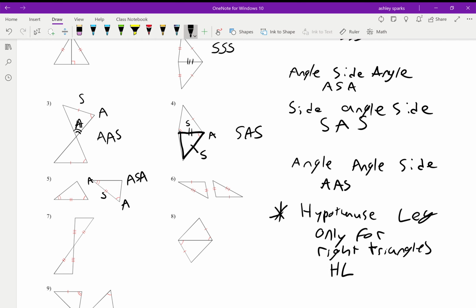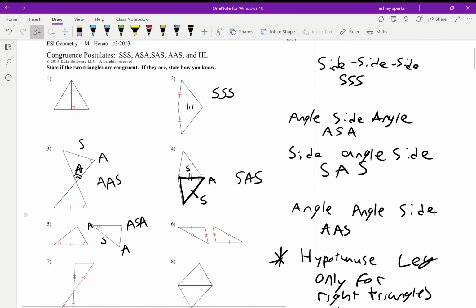So when I look at my options for my problems here, I don't see any right angles down here. The only right angle I see is up here. So I need to know that my hypotenuse is the same, which is nicely marked, right? That's got my 2 marks. That's my hypotenuse. And then look, we also have that shared side. That's my leg. So this would be hypotenuse leg.